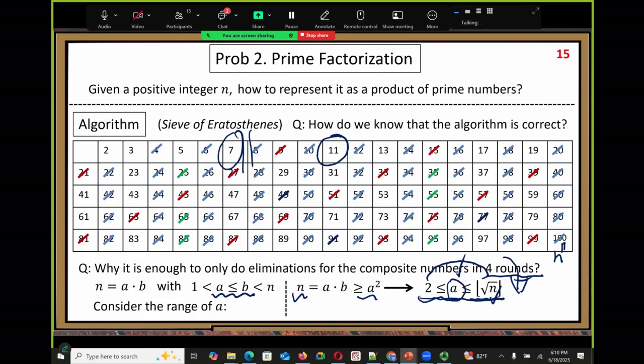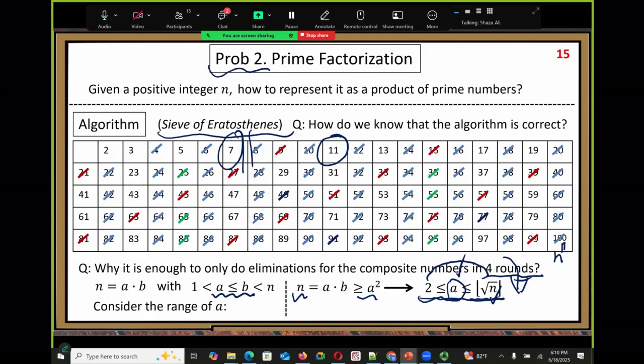So this is the sieve of Eratosthenes algorithm. We complete this algorithm. But this is still part of our understanding, because our goal is to solve problem number 2. That's our goal.